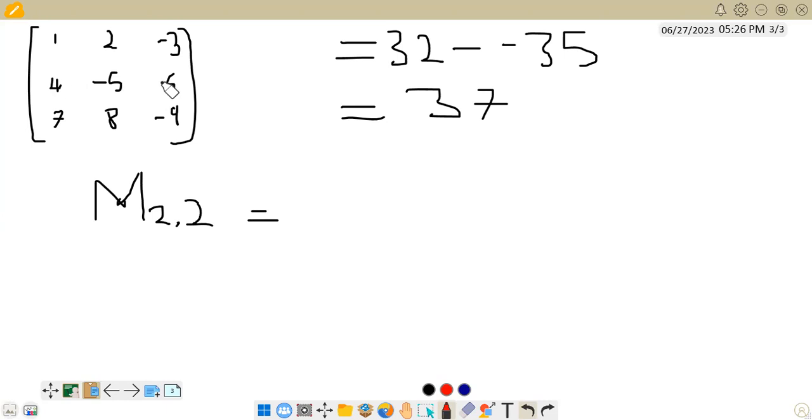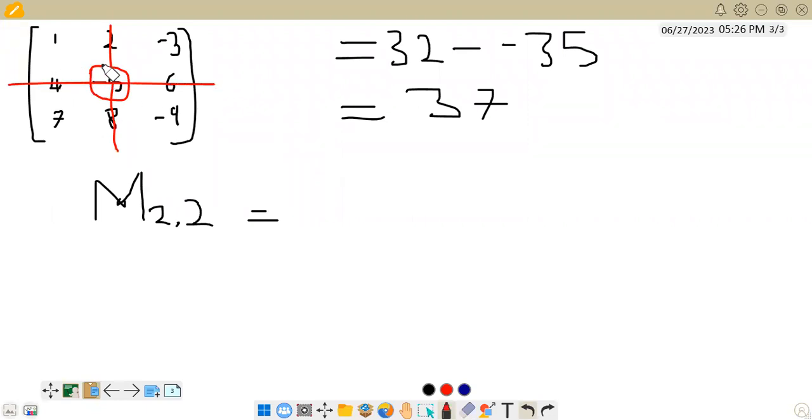Tiri pa row 2 koma column chani column 2 ndeti tikuyang'ana za -5. So akunena kuti a minor is obtained by deleting the ith row and jth column. Ndeti tikupanga delete ith row and jth column.